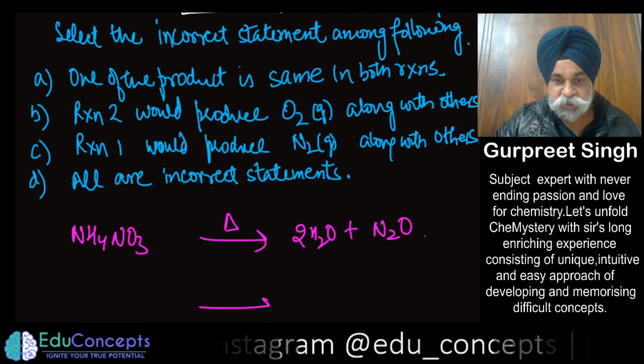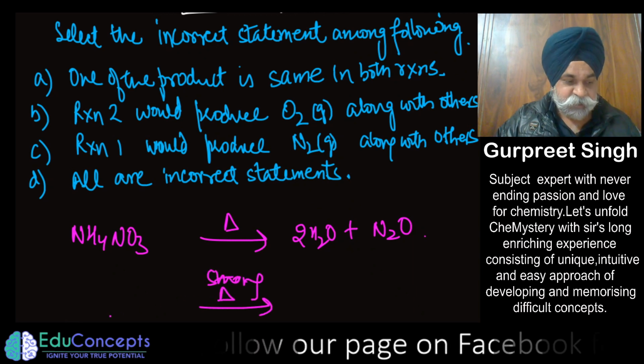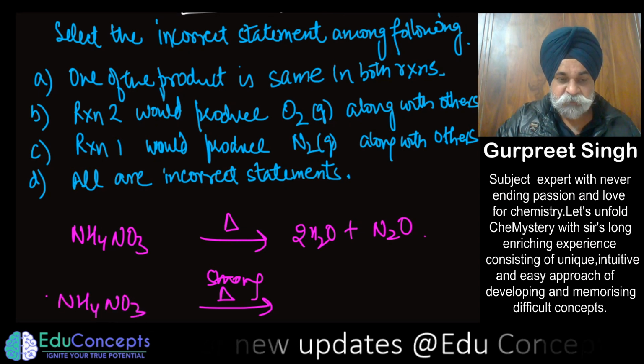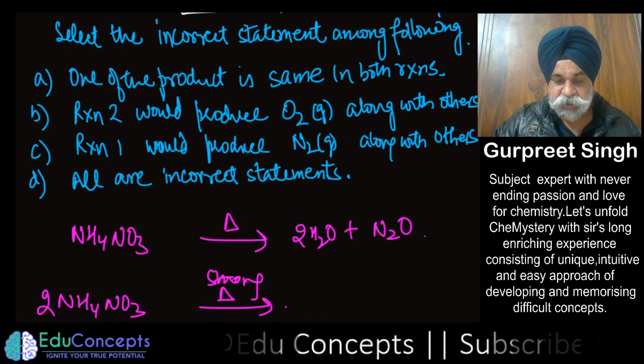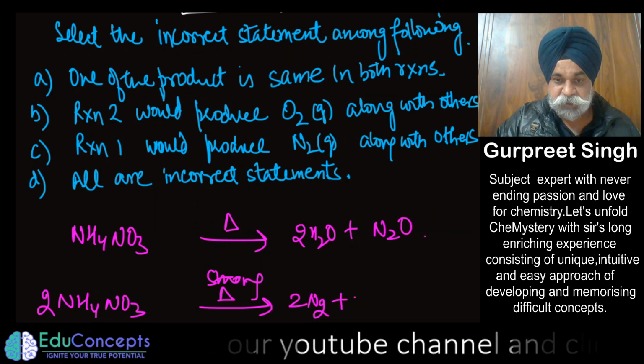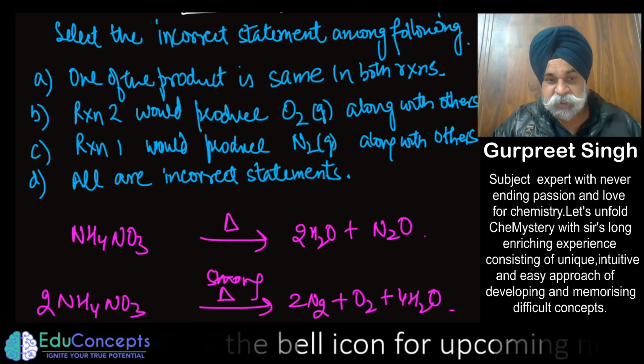Now when I talk of strong heating, what exactly would happen is that ammonium nitrate, instead of 1 mole, 2 moles of it start taking part in the reaction, in the sense that it gives you this. Just check it out, the reaction is perfectly balanced also.